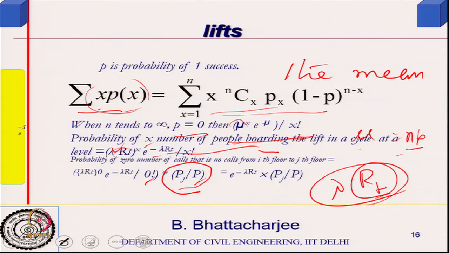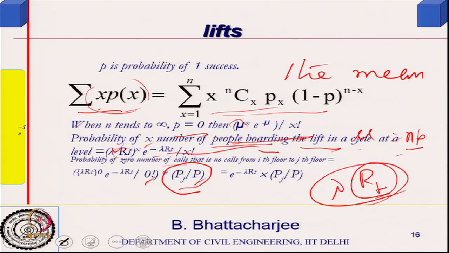Considering it as a Poisson process, the probability of x people boarding the lift in a cycle at any level is given by lambda RT to the power x into e to the power minus lambda RT, divided by factorial x.